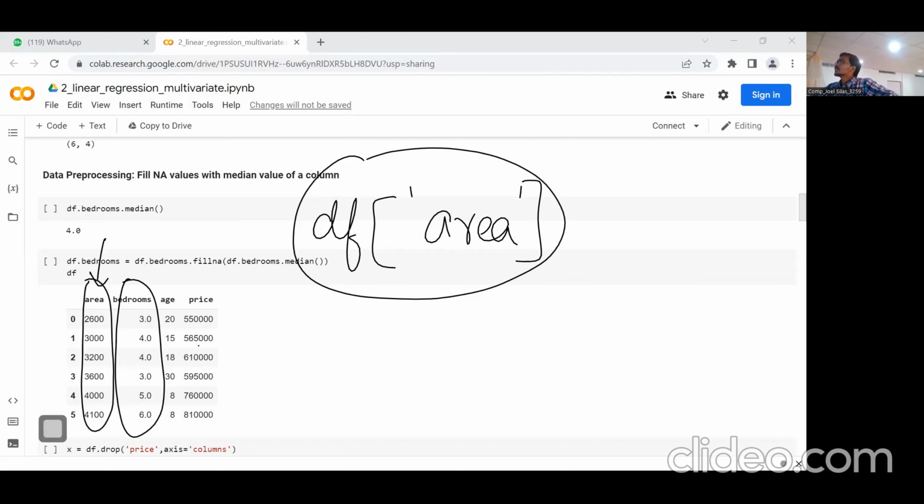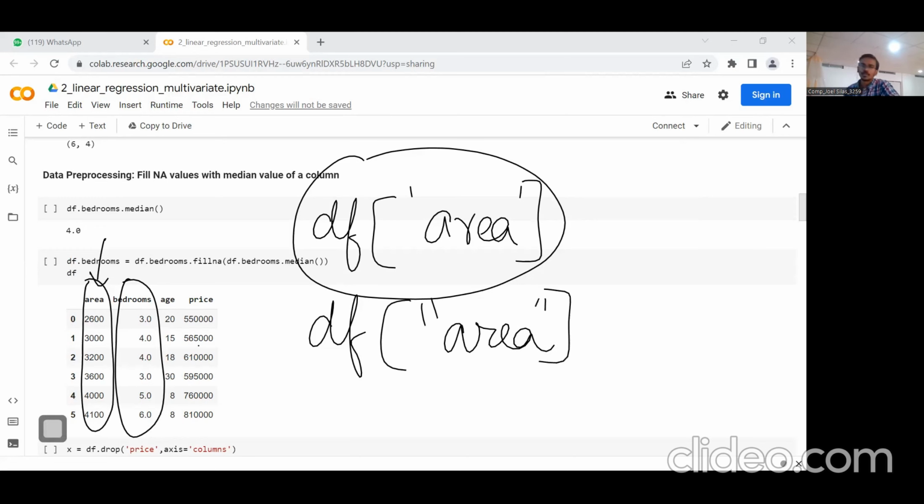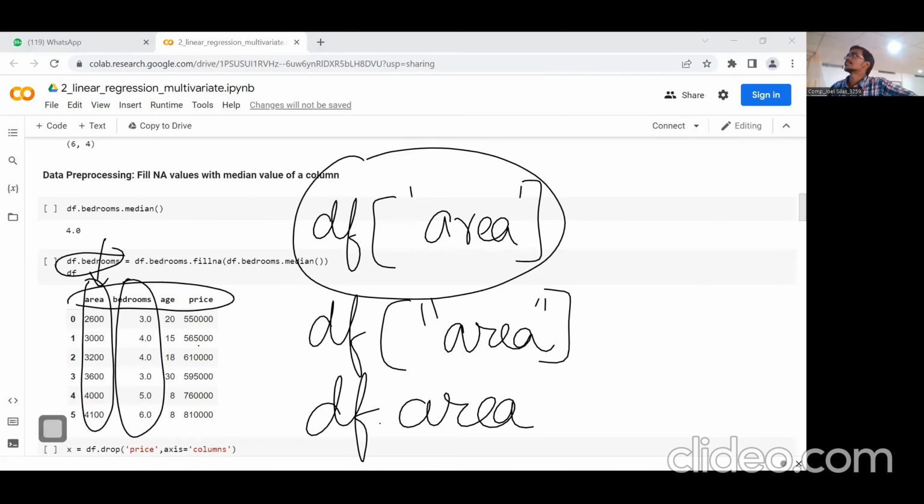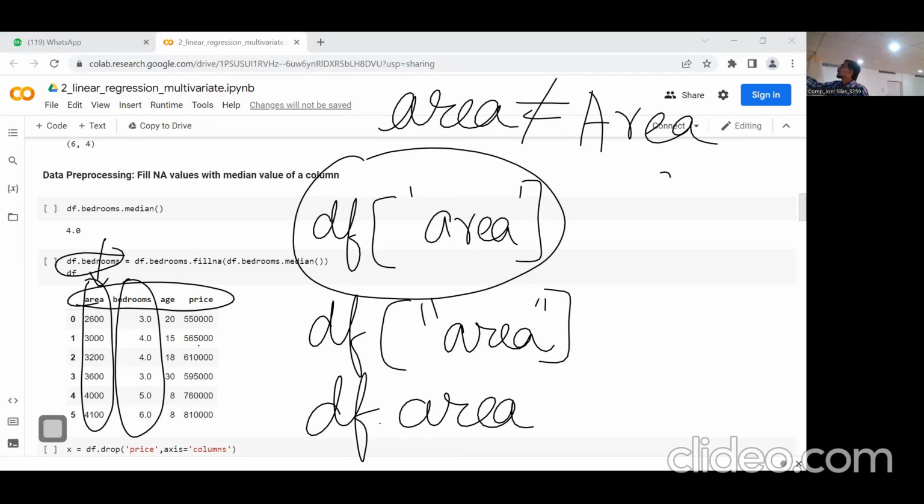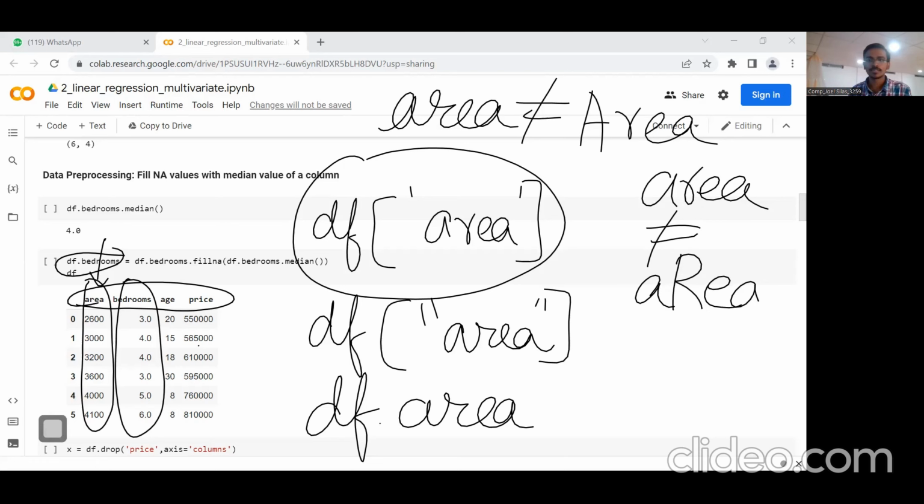Or you can also write df of within double quotes area, or df.area. So df.bedrooms, we can write dot feature name instead of using the square brackets. And keep in mind, the names of these columns are case sensitive. That means area is not equal to capital AREA, or area is not equal to a capital REA. These are case sensitive, so these are not equal.